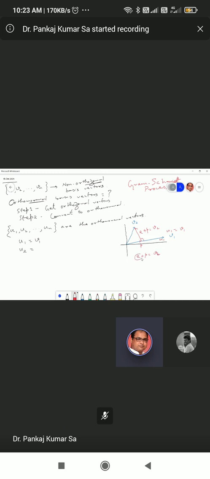This is what we have done. Now what is this U2 actually? U2 is nothing but this E. E plus P is equal to V2, so U2 is equal to V2 minus P.